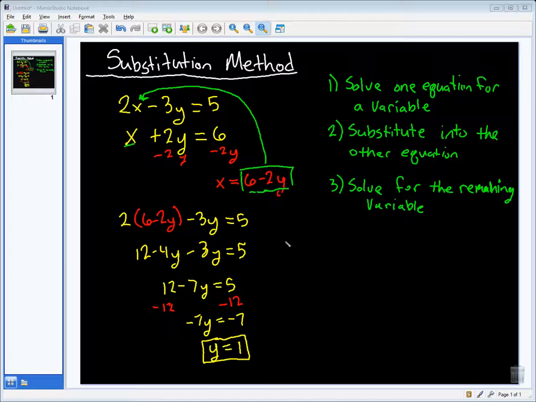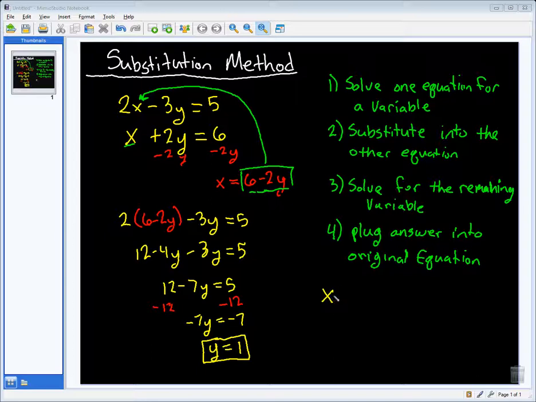Once I have that y equals 1, I'm going to take that answer and plug it into any of the equations, the original equations. So I take this 1 and I plug it into, let's say I'm going to use this bottom equation.